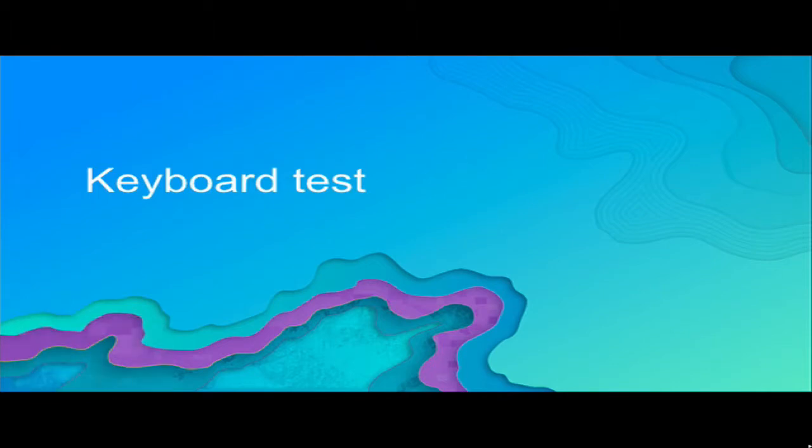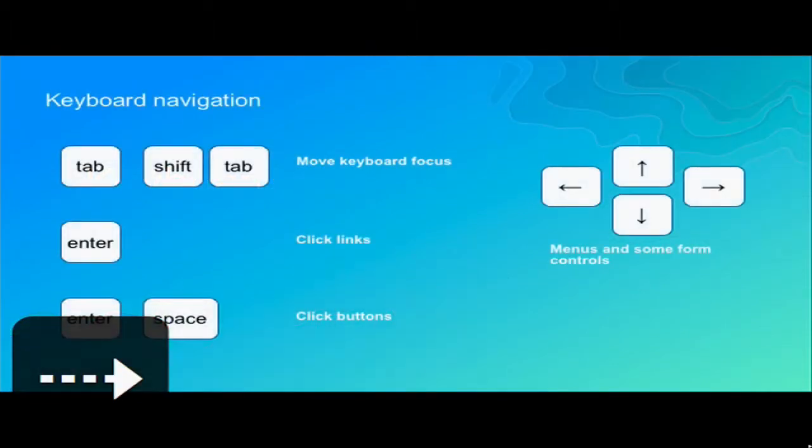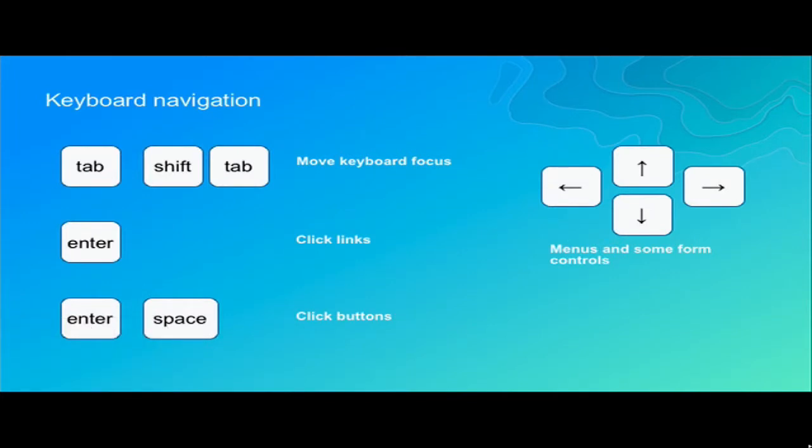So the second step here is to do a keyboard test. It's really simple. Keyboard users usually use Tab or Shift Tab to move keyboard focus. So the Tab key will go to any interactive elements on the page, like links, menus, buttons, form controls.